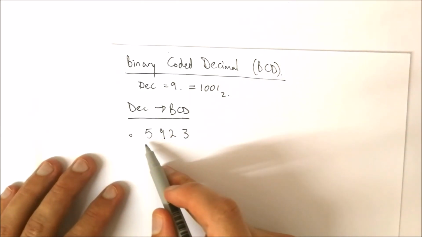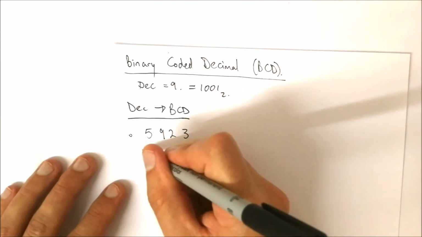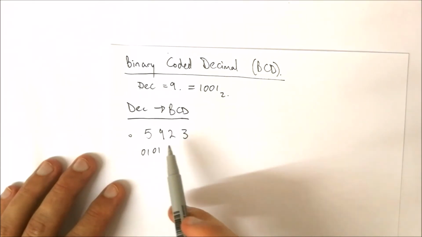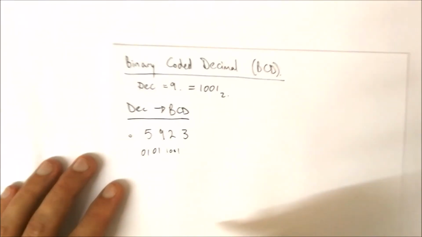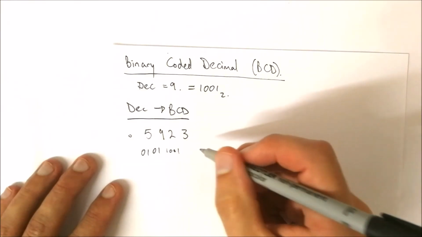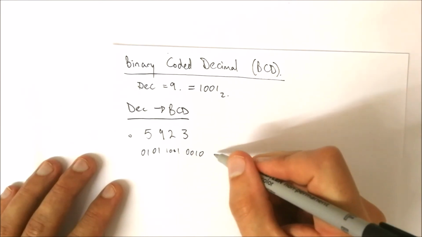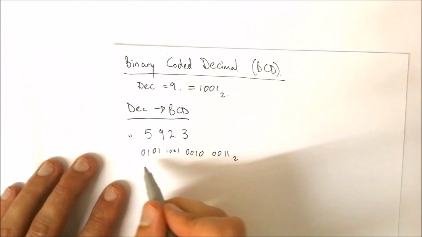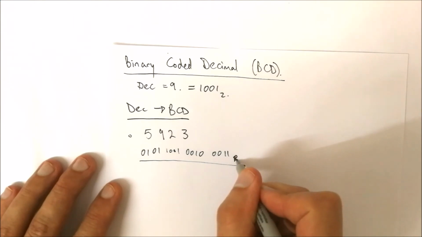So 5 in binary, in 4 bits, would be equal to 0101. 9 in 4 bits is equal to 1001. 2 in 4 bits is equal to 0010. And 3 in 4 bits is equal to 0011. And that's our answer. So not base 2, this is BCD.